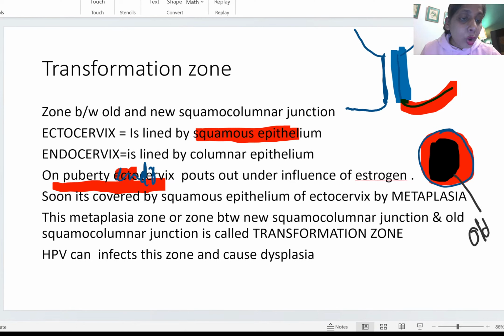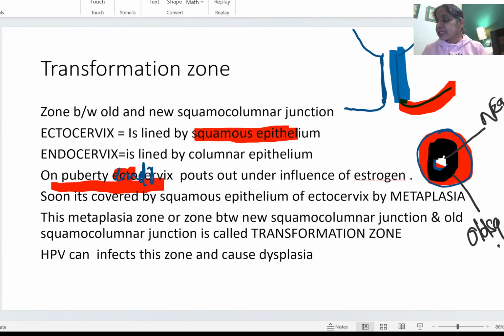This is the old squamocolumnar junction, right? And this is the new squamocolumnar junction.